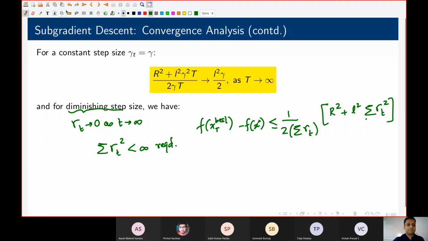So there are two parts here. One is that the summation of gamma t square is less than infinity, and the other part is we want the summation of gamma t to go to infinity.